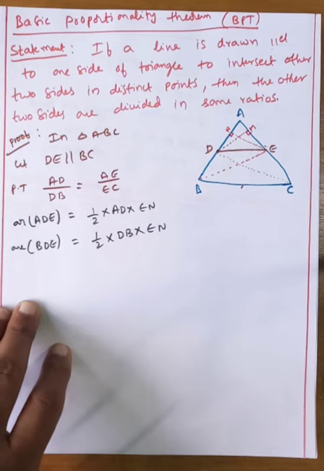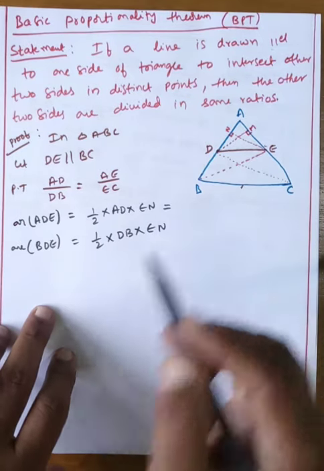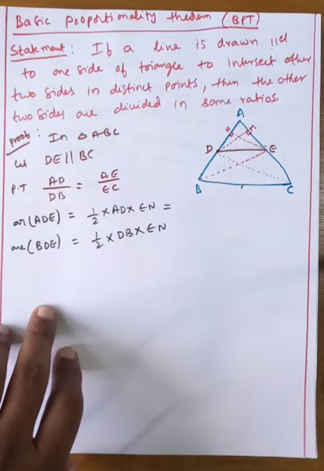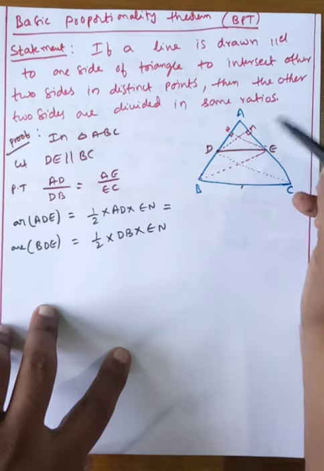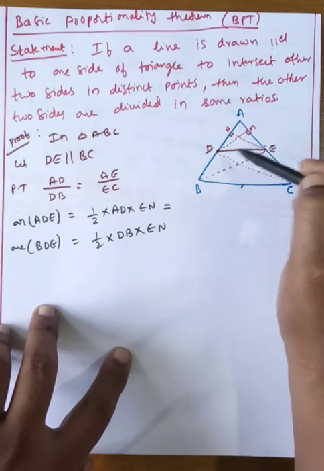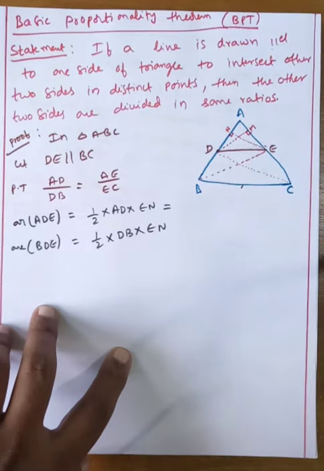Okay, my dear students. Again, what is the area of ADE? Observe that for suppose I take the base AE. Now the height is 100% DM. I hope you understood.